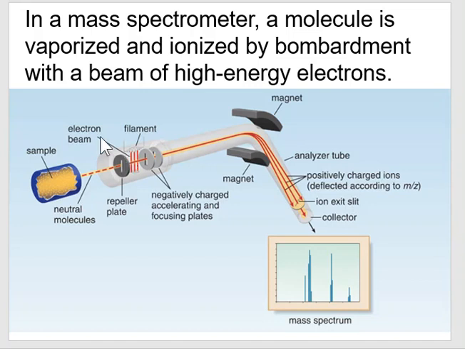This electron beam hits the molecule and ejects an electron, and that results in a positively charged ion. The ions are then accelerated into a magnetic field, and the analyzer selects for ions of a given mass to charge ratio. These detected ions are amplified and recorded to give the mass spectrum.